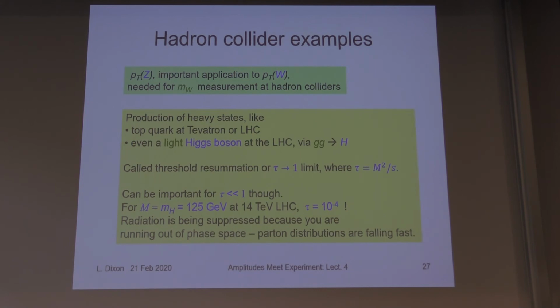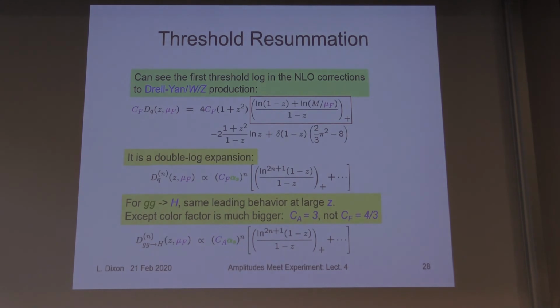And therefore, you can get into trouble if the distributions are falling too fast. We saw an example of this already in the next to leading order Drell-Yan production, which has a CF in it, and then it has an explicit logarithm here and a plus distribution down here.